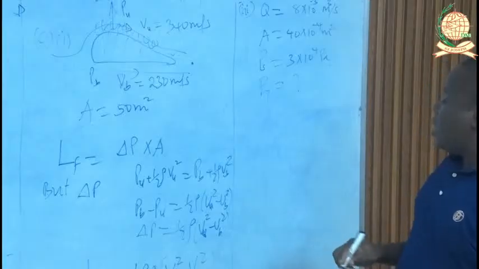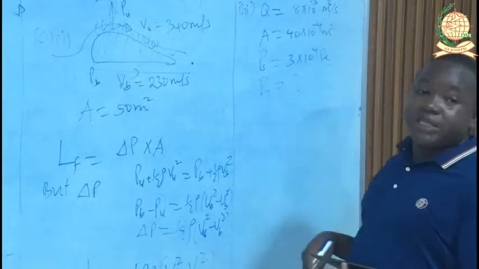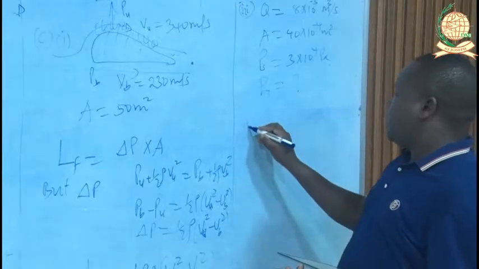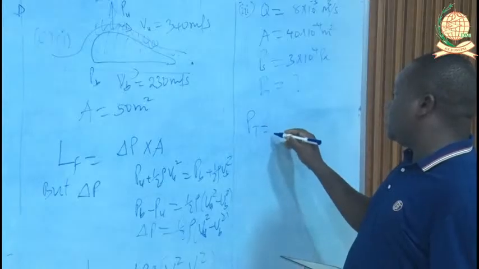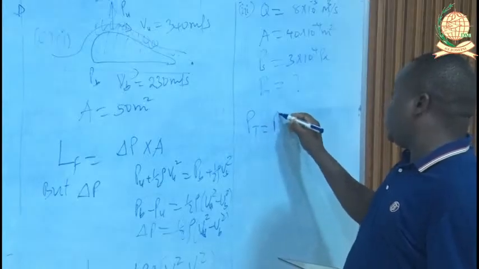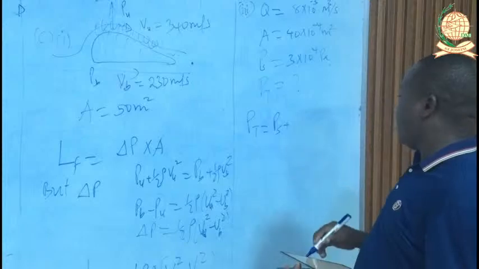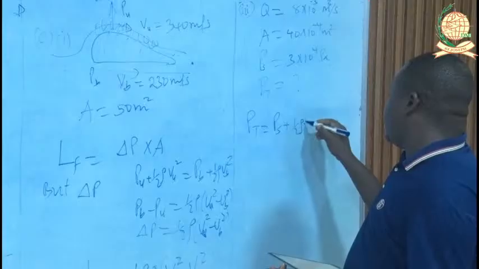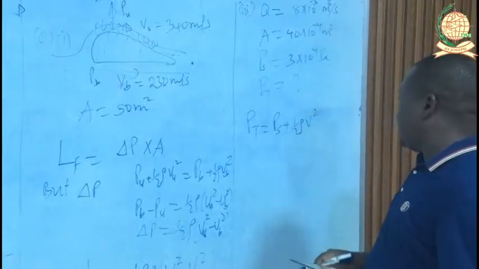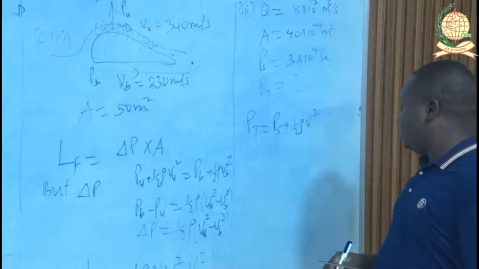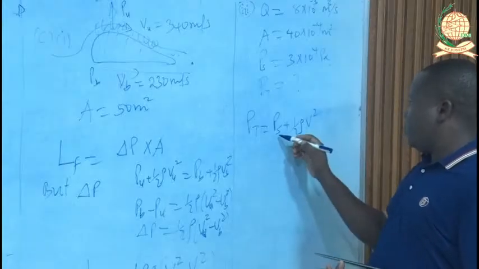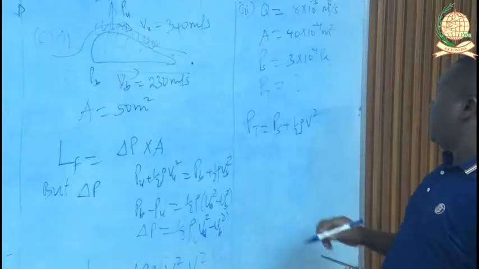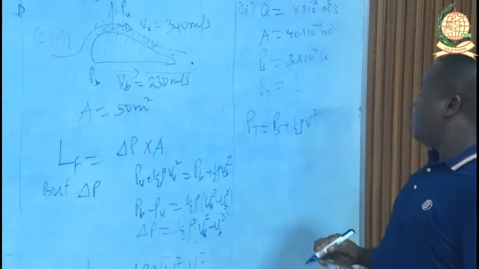To respond to this question, first of all, for a horizontal pipe, the total pressure is equal to the static plus dynamic pressure, which is a half density of fluid velocity squared. So we have this static, we don't have velocity, but you have been given the rate of fluid flow and the area.